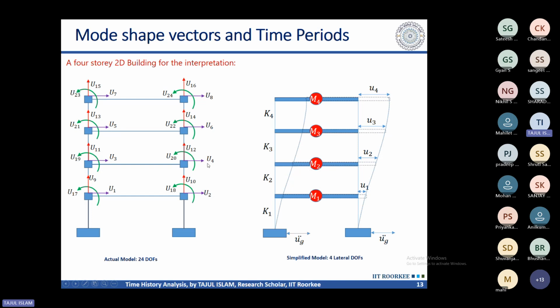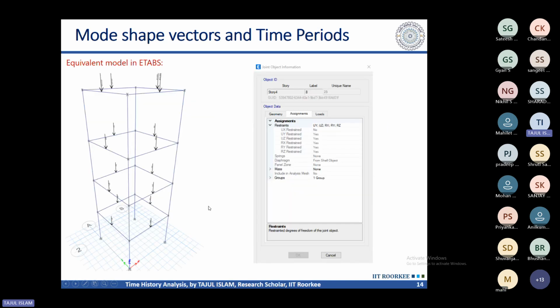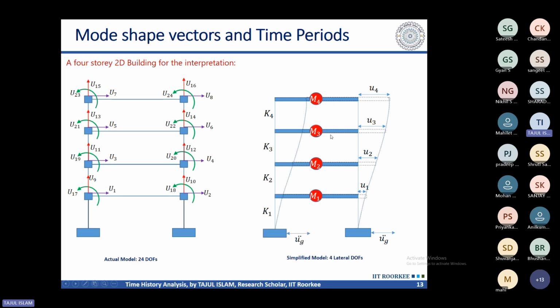Before going to the matrix, this is the same thing I did here. The same thing I have modeled in software also, just to compare the result given by the theoretical calculation and the result given by the software. So this condition I have simulated in the software.